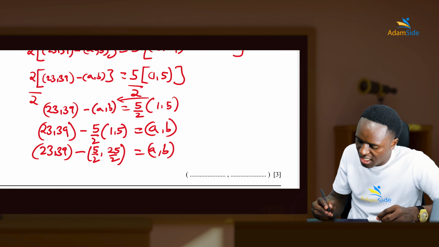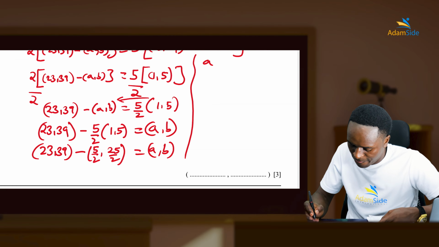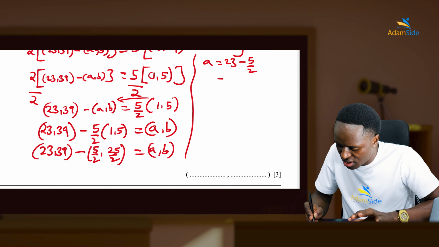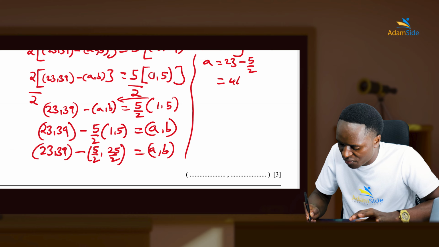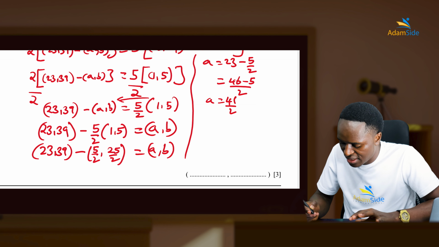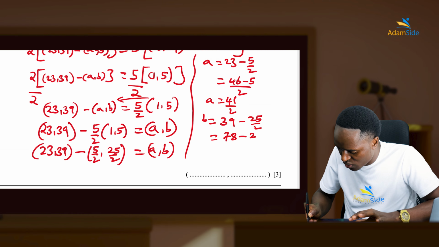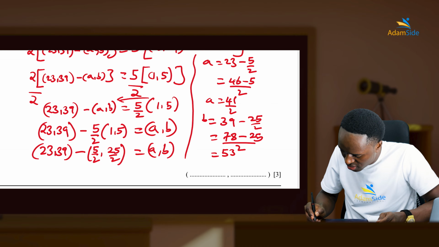Find the difference. So to get A, you just take 23 minus 5 over 2, which is 46 minus 5 over 2, which is 41 over 2 as the value of A. To get the value of B, it is 39 minus 25 over 2, which is 78 minus 25 over 2, which gives 53 over 2.